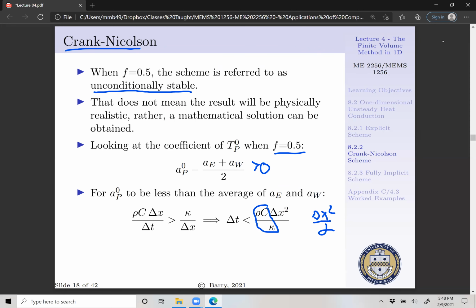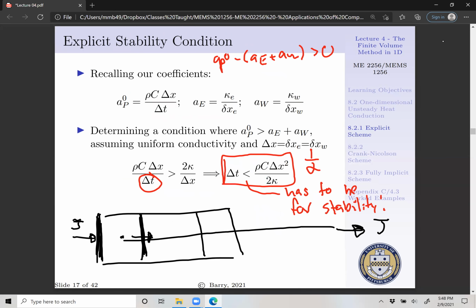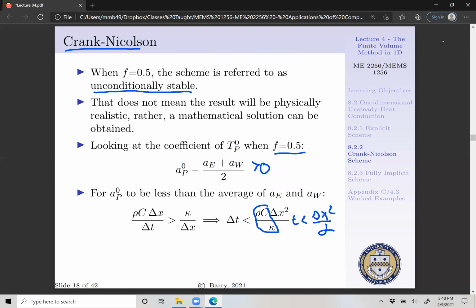Now, let's compare this. For our explicit scheme, we wanted delta X squared per 2 alpha.